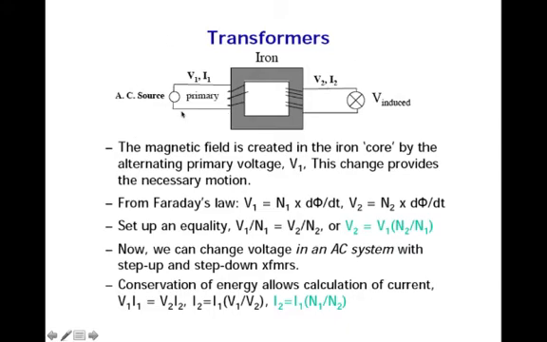That's the reason we need alternating current, because it's the alternating current that will make a changing magnetic field, and that changing magnetic field will create a secondary voltage in the secondary coil, allowing us to step voltage up, such as this one, for long distances, and then step the voltage down for our use.